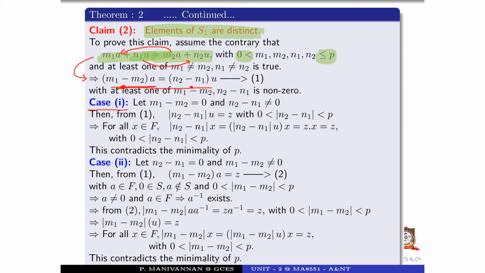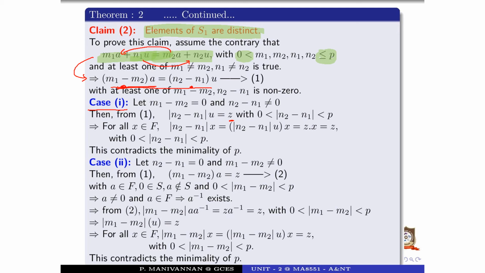So, (n2 − n1)u equal to 0. 0 here is zero. Therefore, n1 and n2 are not equal, so n2 − n1 lies between 0 and p, greater than 0 and less than p.